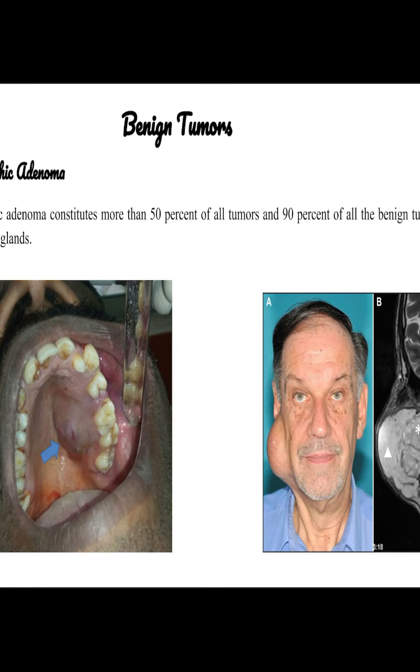Now we have benign tumors: pleomorphic adenoma, which consists of more than 50% of all tumors and 90% of all benign tumors of the salivary glands. It affects both major and minor salivary glands, commonly the parotid gland.